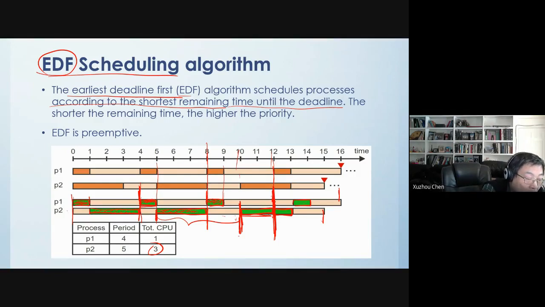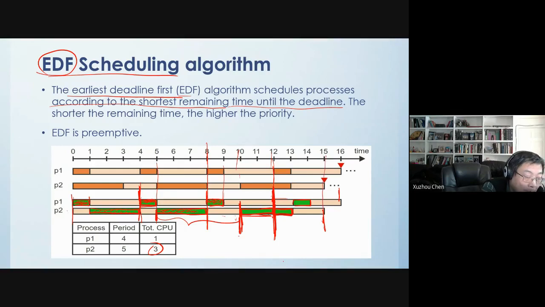So now what I'm going to check is, process 2 has 1 time unit remaining. Process 1 requires the CPU. But then the scheduler is going to check the deadline. Which one has the earliest deadline? Process 2 says, my deadline is 15.